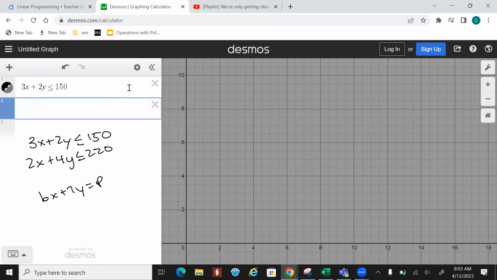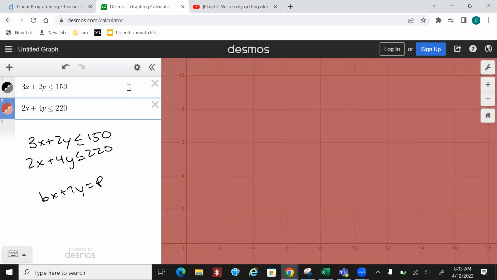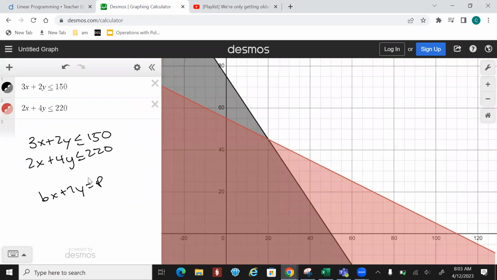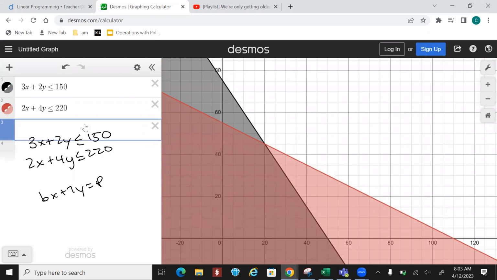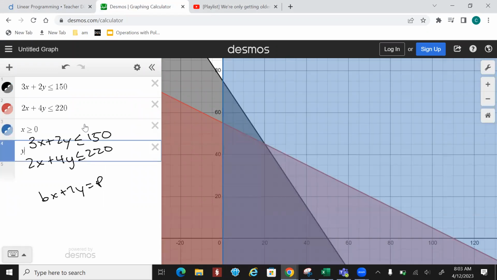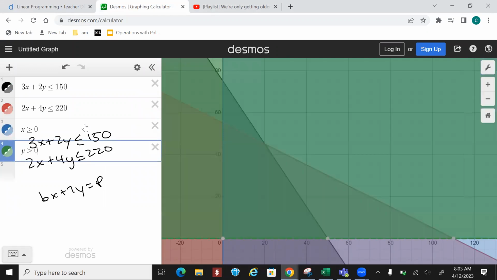On the next one, we have 2x plus 4y less than or equal to 220. And then we got x is greater than or equal to 0. And then y is greater than or equal to 0.